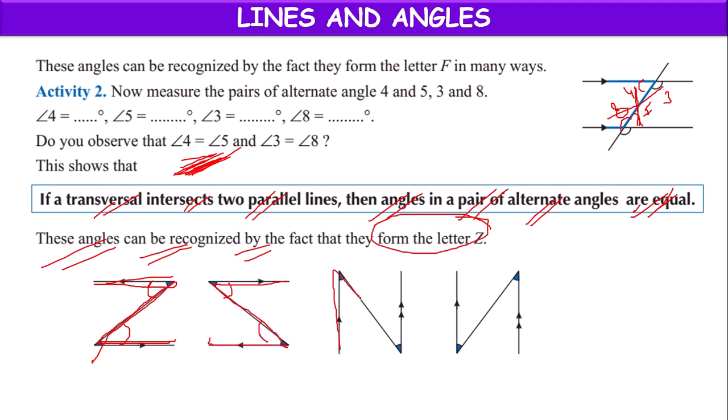These two are parallels, this is the transversal, and this angle equals this angle. If you turn this shape, it will be in the form of the letter Z. So alternate angles can be recognized by the fact that they form a letter Z.